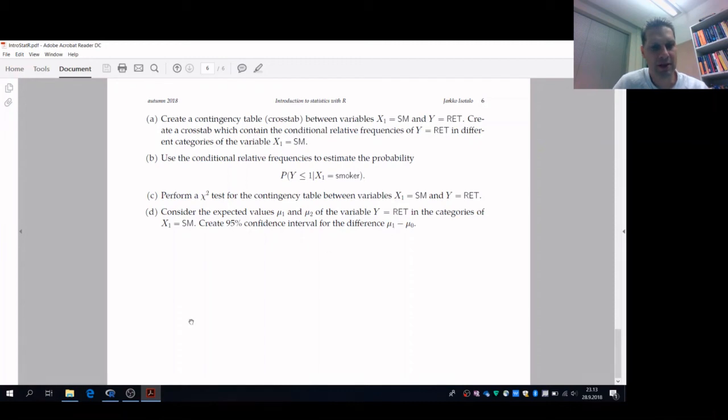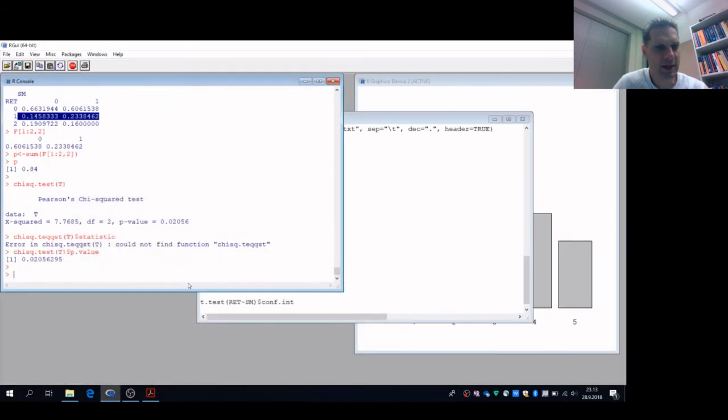What if we take these values as just numbers, look at the conditional relative frequencies, and based on that calculate a mean value for these numbers?